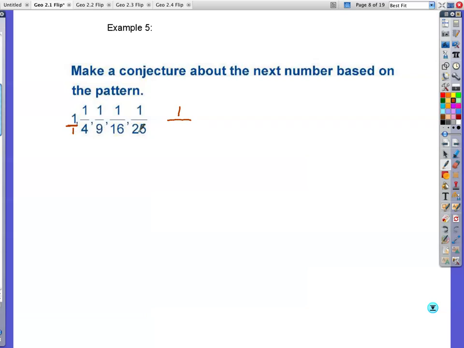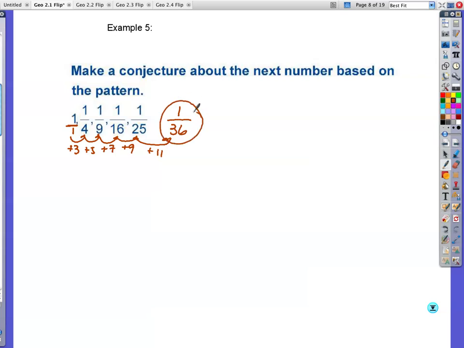Either add, or maybe multiply like last time, but times what? That doesn't come very common. But if I add to the denominators plus 3, plus 5, plus 7, plus 9, then the next one is plus 11, which gives 36.